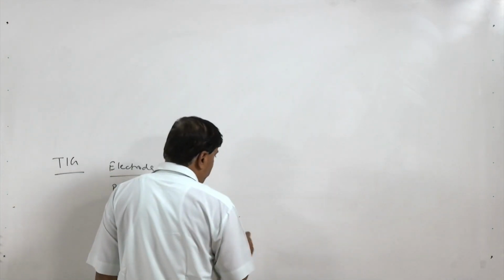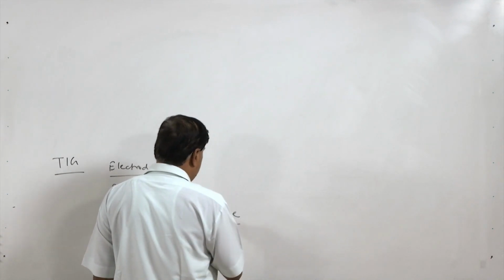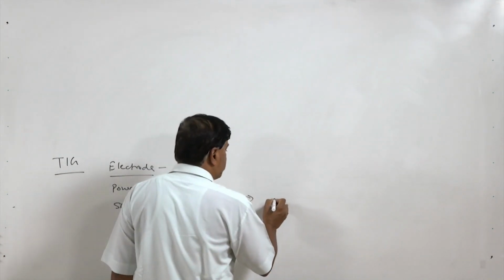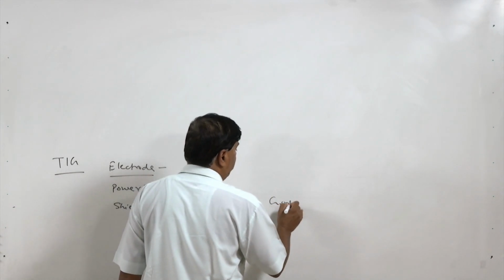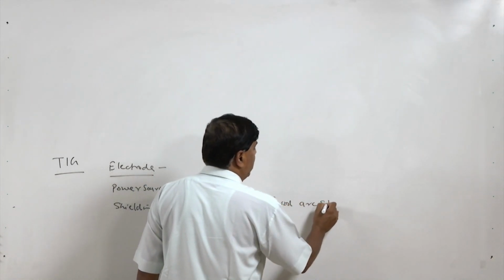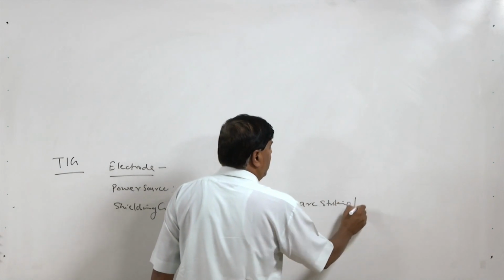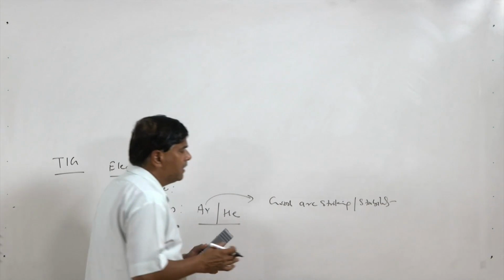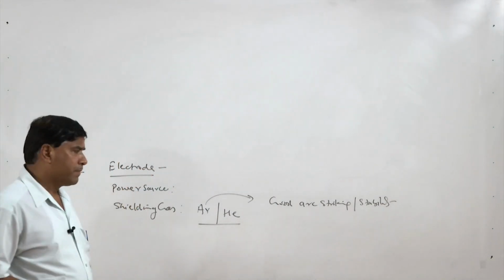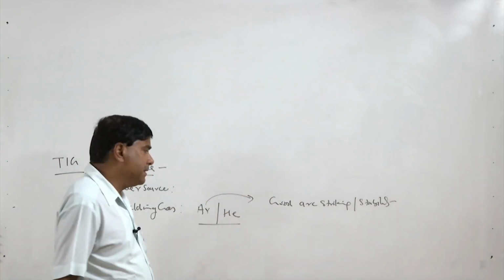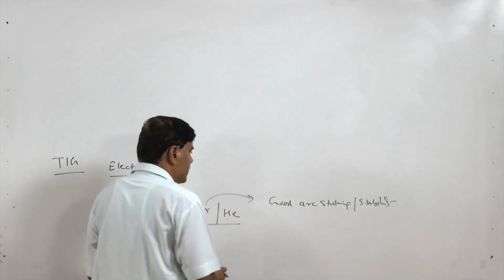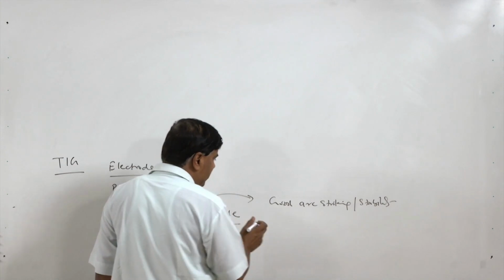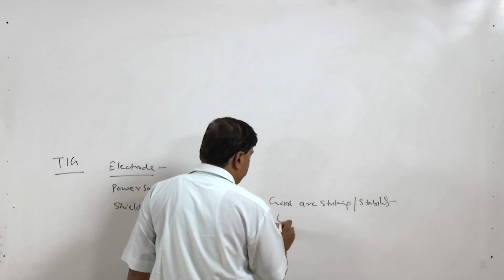So whenever we work with argon, because of the low ionization potential, it offers very good arc striking and arc stability, meaning arc initiation and arc stability become very good. As compared to helium, it offers somewhat shallow penetration.